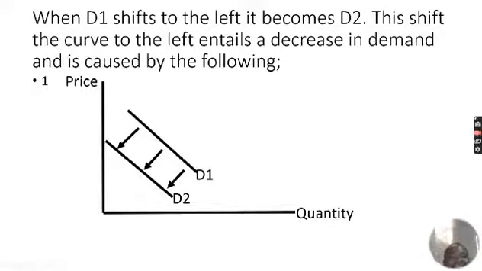That is a decrease in demand. This shift of the curve to the left entails a decrease in demand. Have you seen? That's what we're able to see clearly. D1 has moved to D2. So the demand has decreased, has gone down. Okay, let's see the next thing.